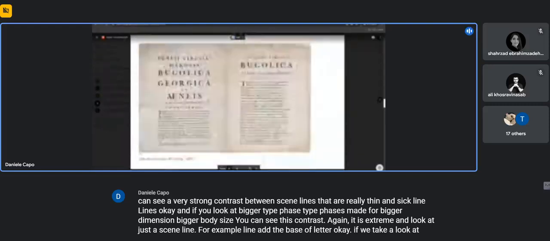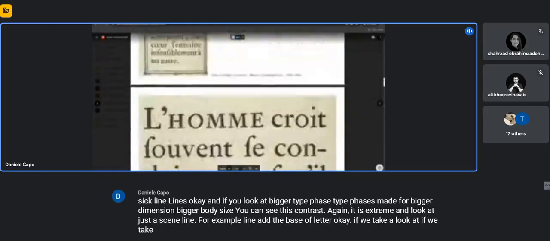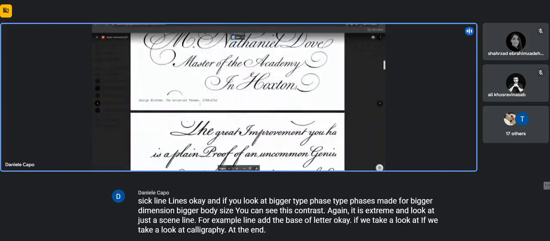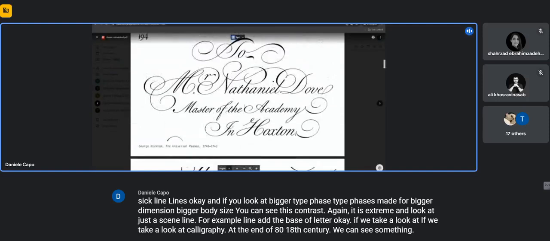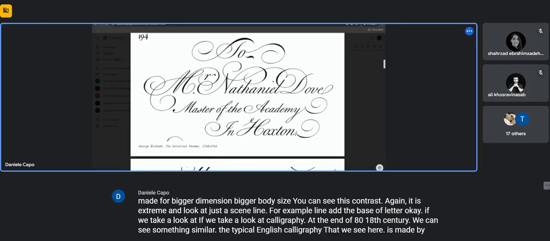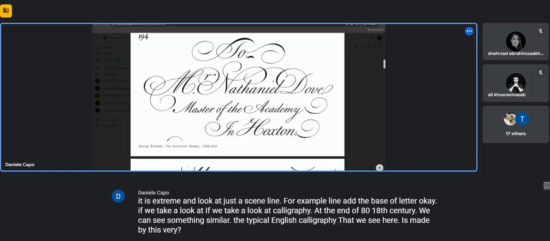If we take a look at calligraphy at the end of the 18th century, we can see something similar. The typical English calligraphy that we see here is made by this very marked contrast between thin and thick.